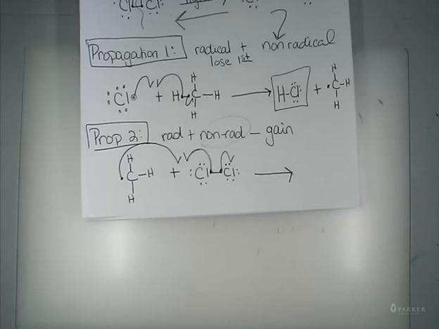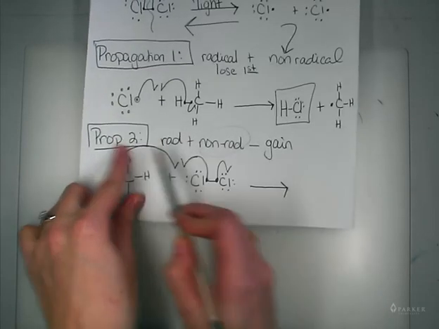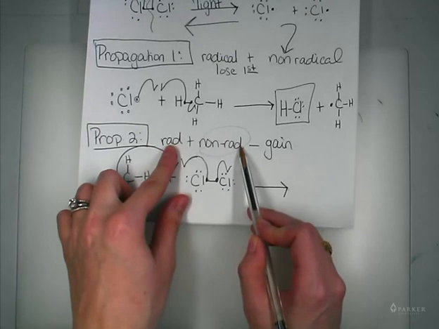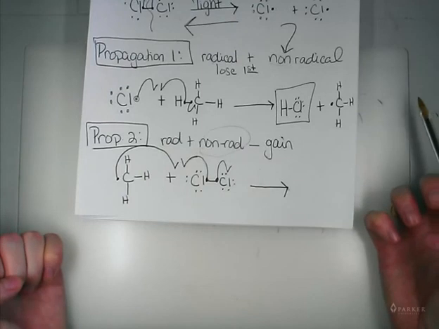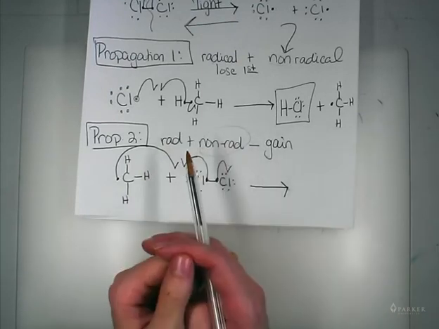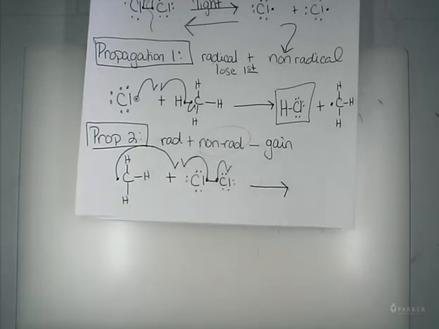Now, can it react with something else? Of course. But to call it a propagation step, it's always between a radical and non-radical. And if you want a radical and a radical to join together, that's called a termination step. So it's just by definition what you're looking at. But that can happen, and it will happen for sure.